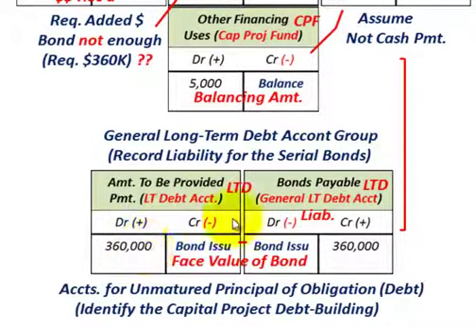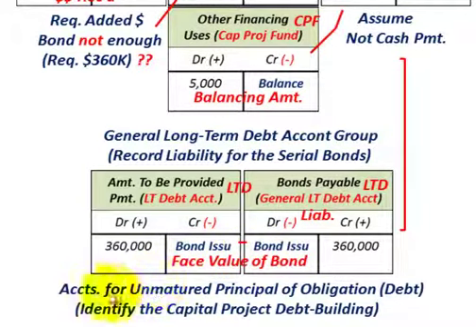And then moving over to our liability account, we'd have our bonds payable, and again identify it for that particular bond that we issued. In the general long-term debt account group, we would credit that for $360,000, again for the face value of the bond that was issued.